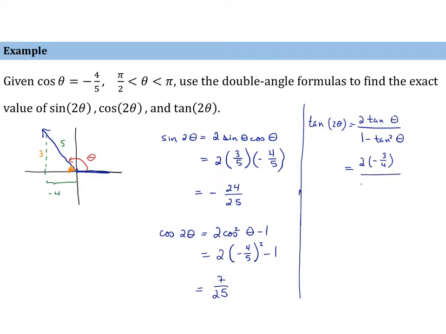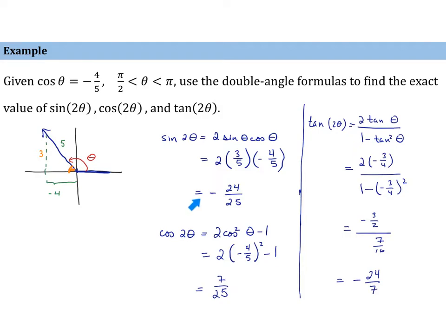So 1 minus the square of negative 3/4 is our denominator, which is equal to then negative 3/2 over 7/16. And that reduces to negative 24/7.